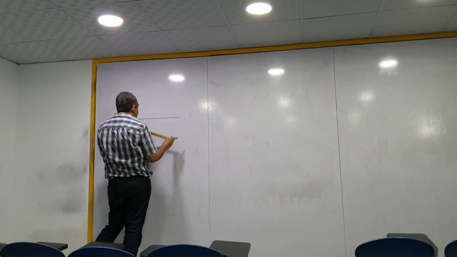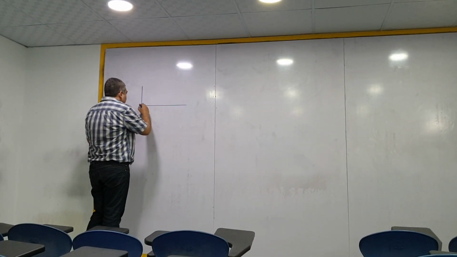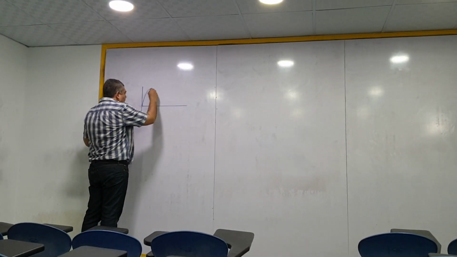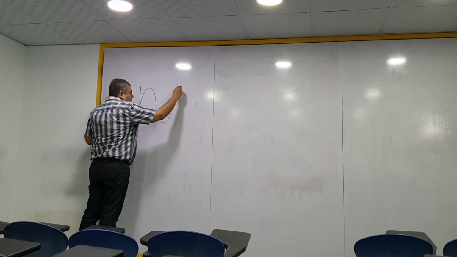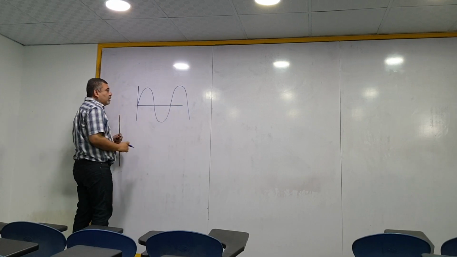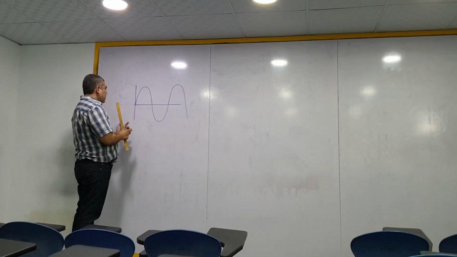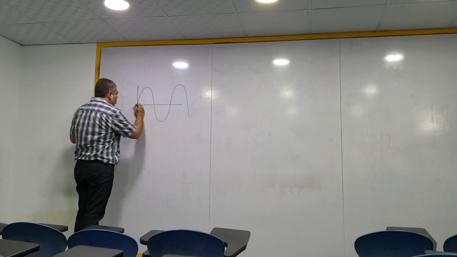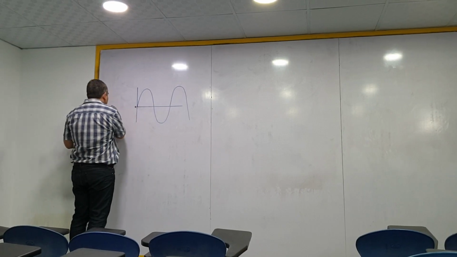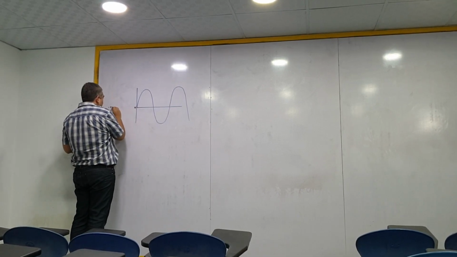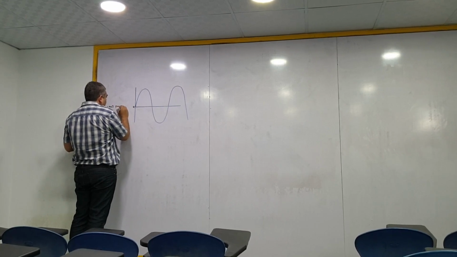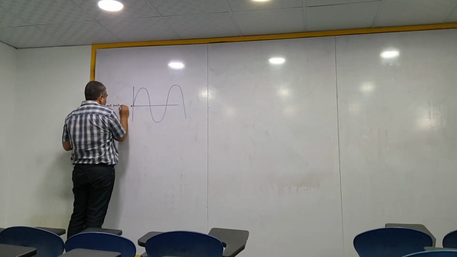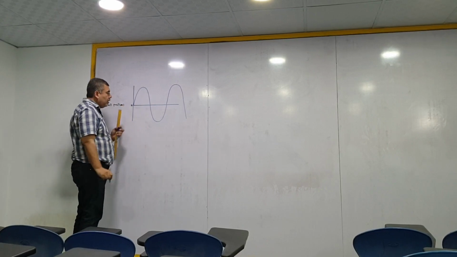This is the rest position of your wave. And wave is produced like this, and so on. If I mark this position as O, this O is actually the rest position, or the mean position.